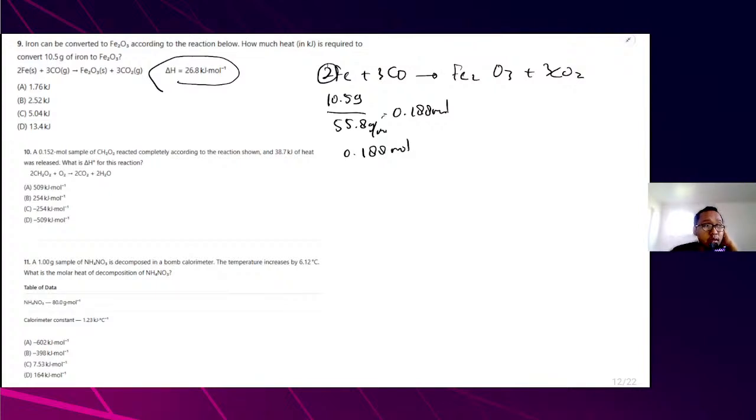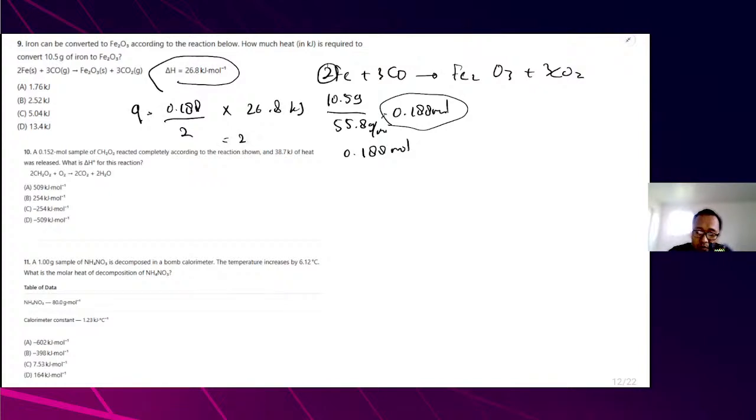We need to use the mole equation: Q is 0.188 divided by 2, because it is half the moles, times 26.8 kilojoule.